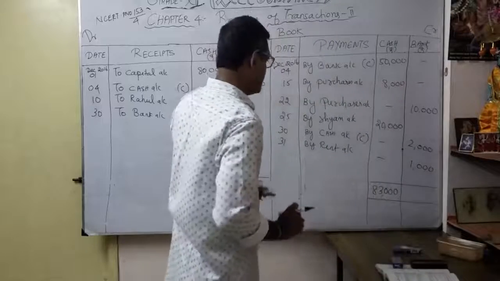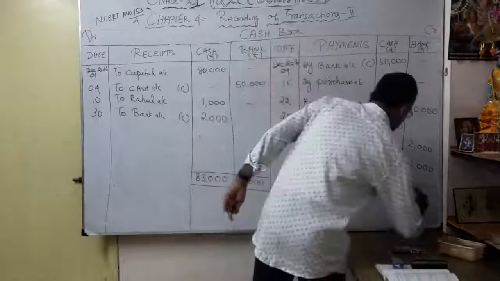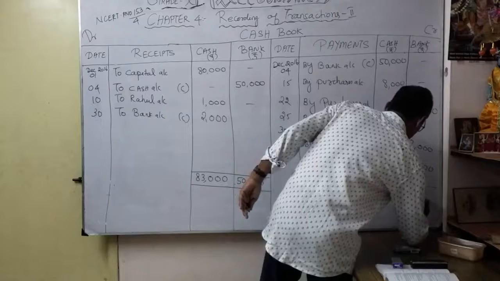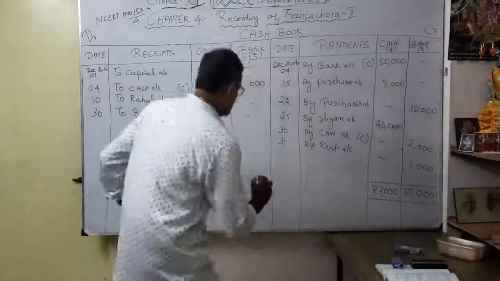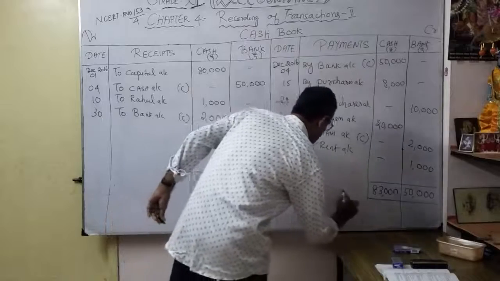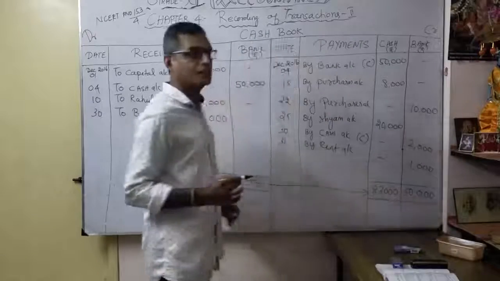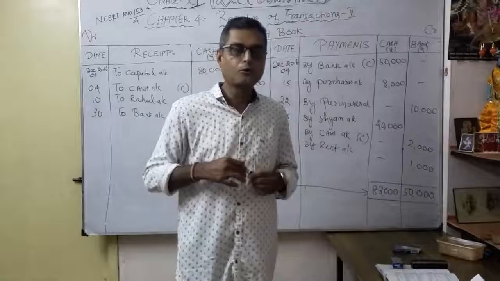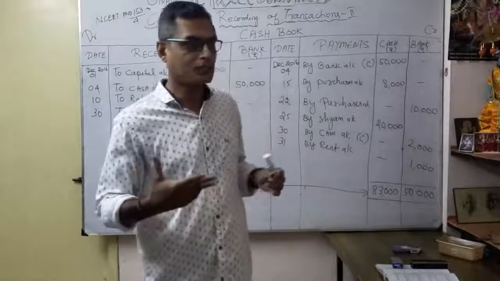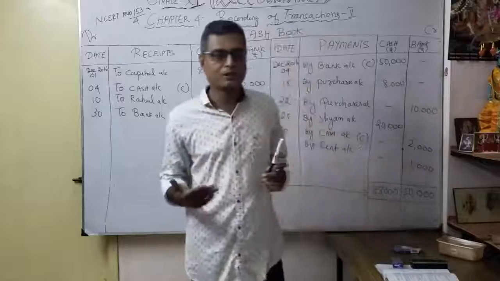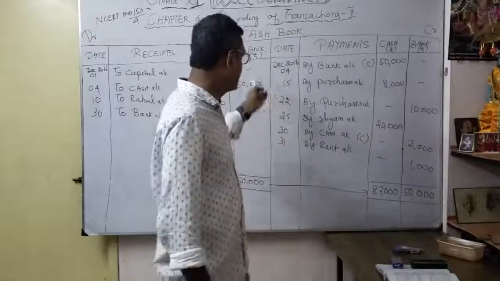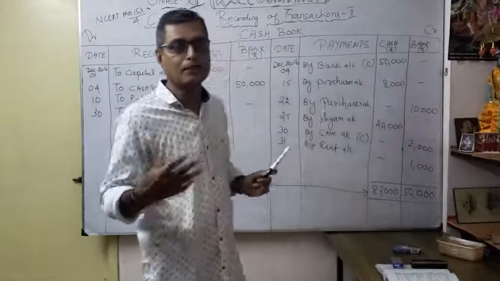Similarly, our bank column 50,000. We have to do the same here. Now you are going to learn balancing. Instead of totaling everything and then subtracting, you are learning in the ledger itself how to get the balancing amount.